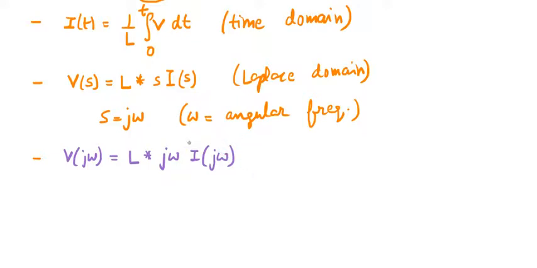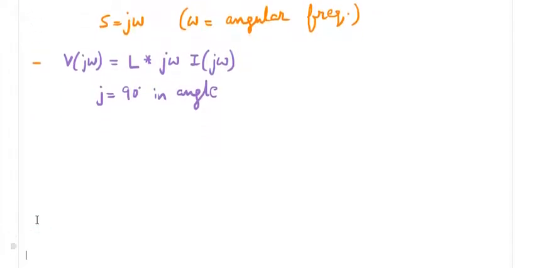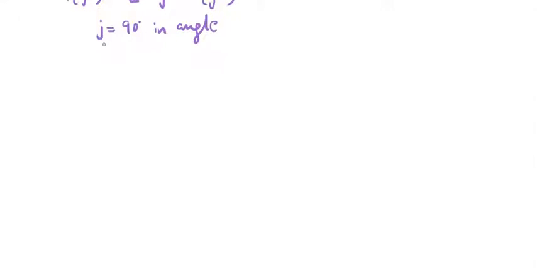We know that j is 90 degree in angle. We can represent j as 90 degree. That means when we take current as a base quantity, then the voltage is 90 degree ahead of current.